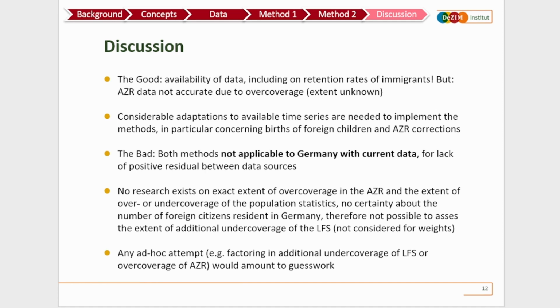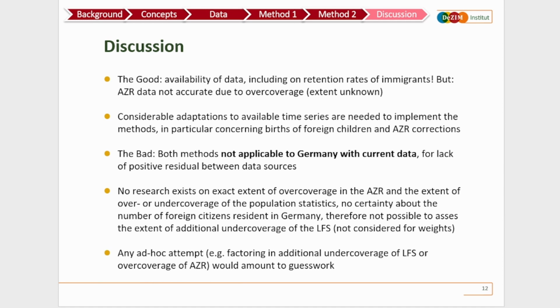And the one possible solution that I have not yet looked into, because the status of this presentation of the data is 2020. In the meantime, there might have been changes and updates to the data, which I would still have to check. And also, there is no current, or there was no current estimate on the extent of the overcoverage in the RZR or the extent of the undercoverage in the labor force survey data.